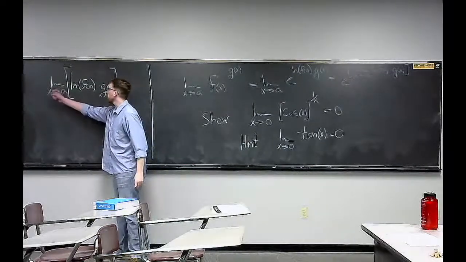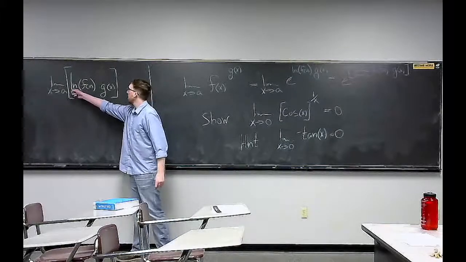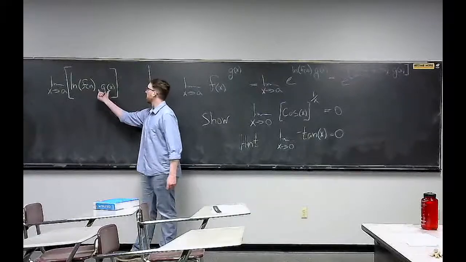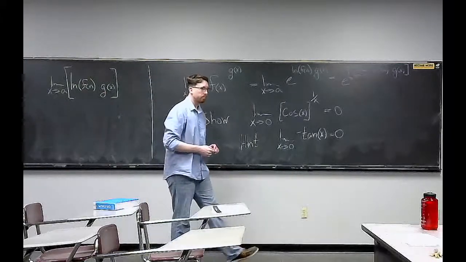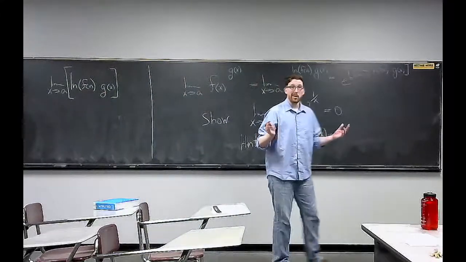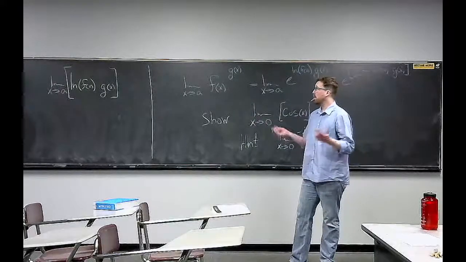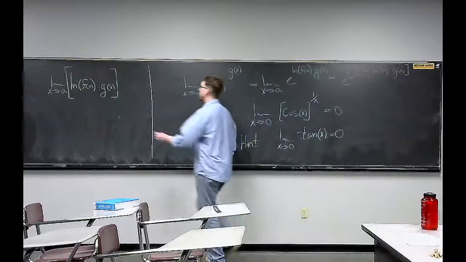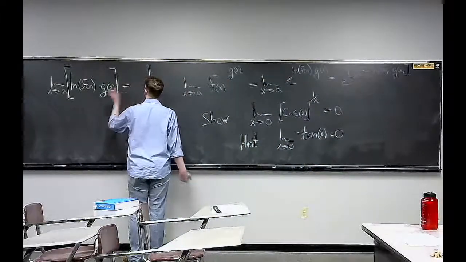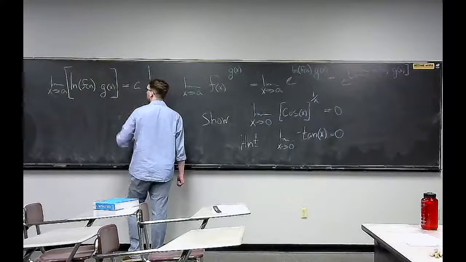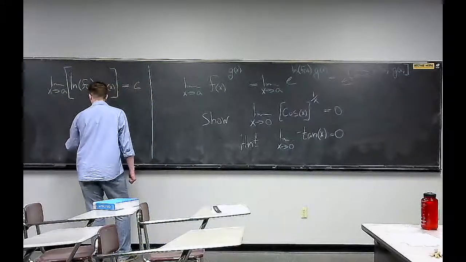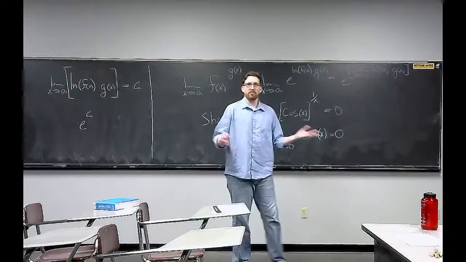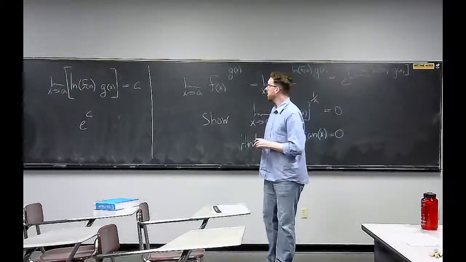This is the limit as x approaches a of the ln of f of x, that natural logarithm, times g of x. Once you do that, once you solve that limit, just plug it into the exponent. The end. So whatever this is, let's say it comes out to be, I don't know, c. Well then, your answer is e to the c. That's it. That's how you would do it.